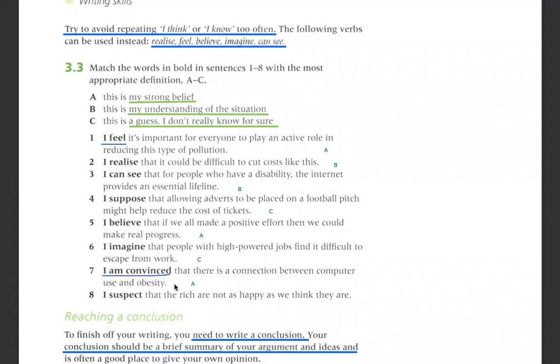This is to express a very strong belief. I am convinced. It means there's no doubt in my mind that there is a connection between computer use and obesity. Meaning I absolutely agree that there is a connection between computer use and obesity. The more people spend sitting down in front of their computer, the more they may gain weight. Okay, so this is a very strong opinion. The last one, number 8.